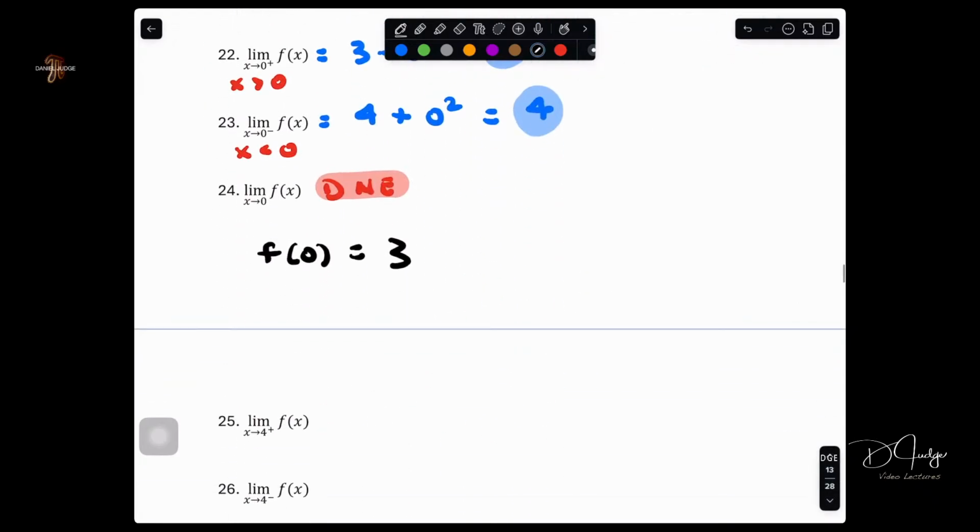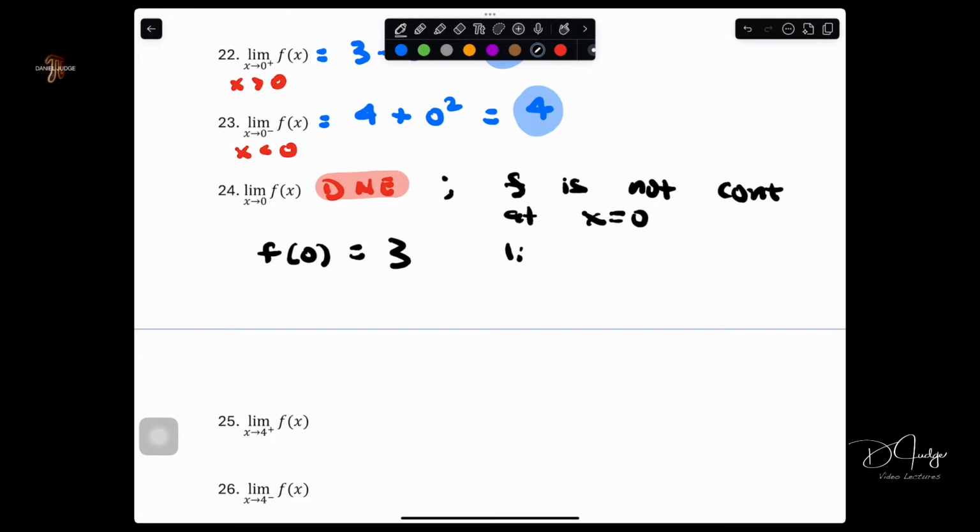So if they ask you, is this function continuous at 0, you can say, no, f is not continuous at x equals 0, because the limit as x goes to 0 of the function is not the same as the value of the function at 0, because the limit does not exist.